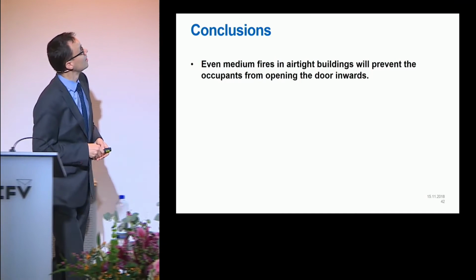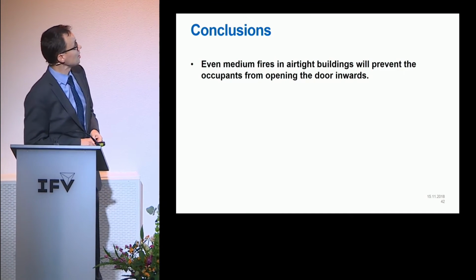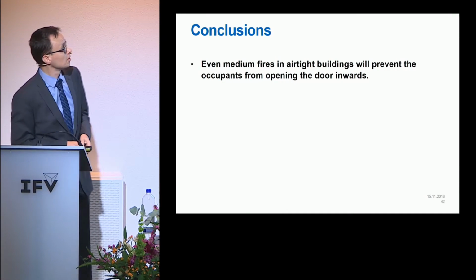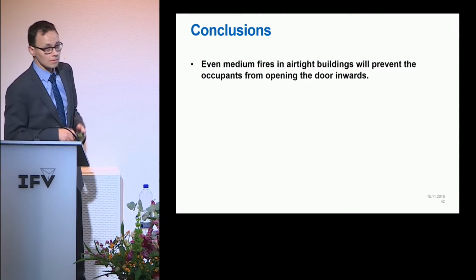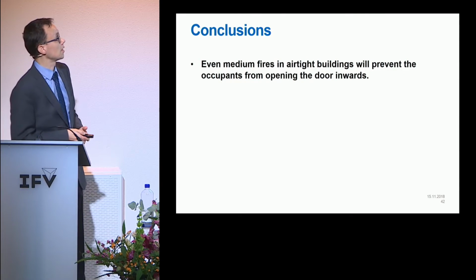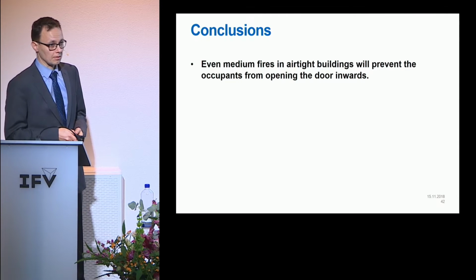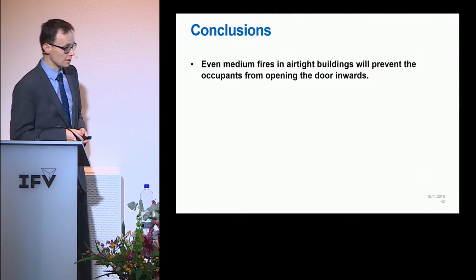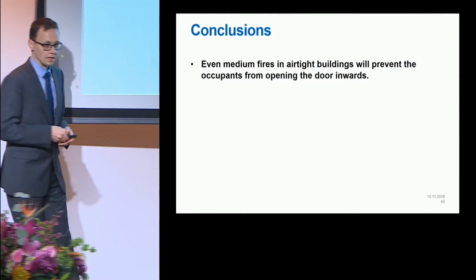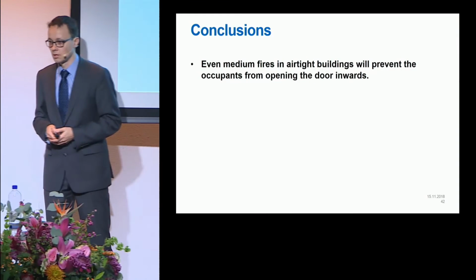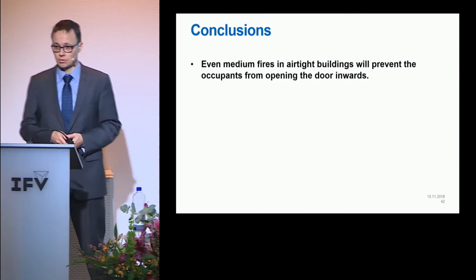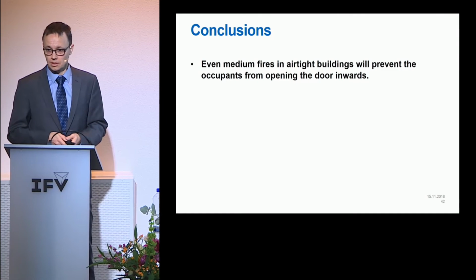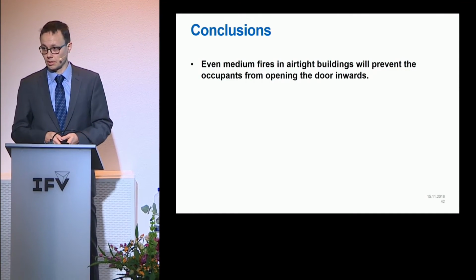Okay. To conclude, we see that even medium fires in airtight buildings can prevent the people from escape, from opening the inwards opening door. And this is clearly something that the building codes must take into account, like we now did in Finland for apartment buildings.